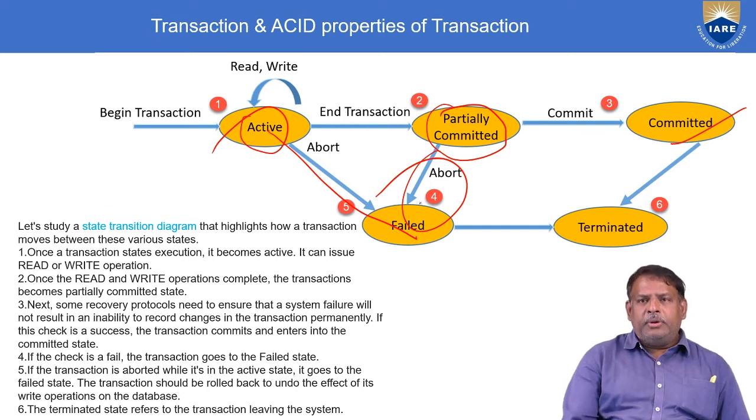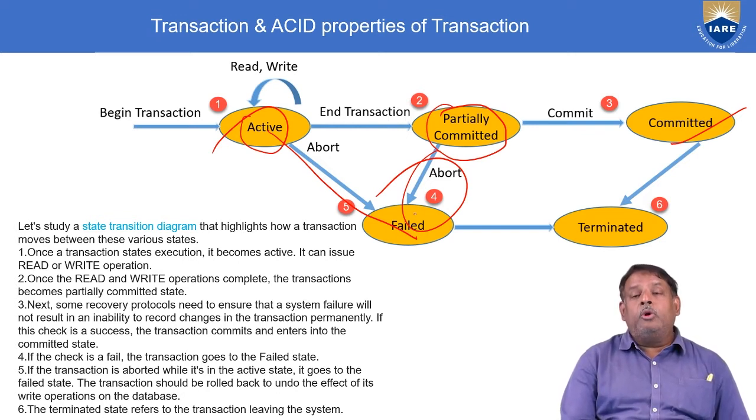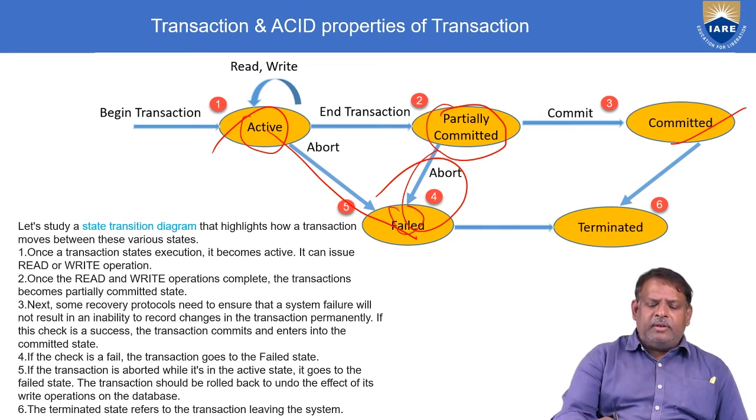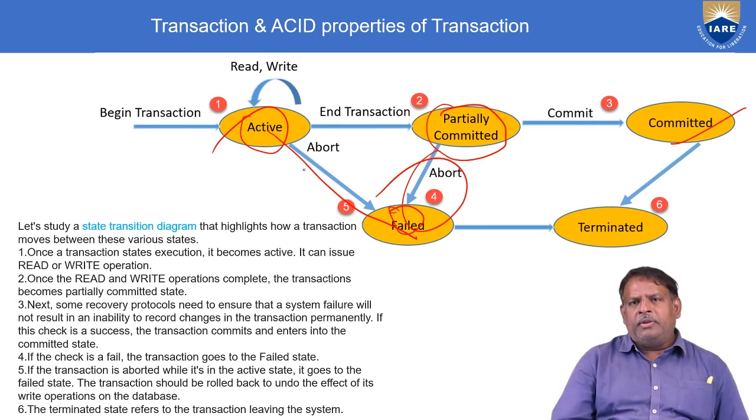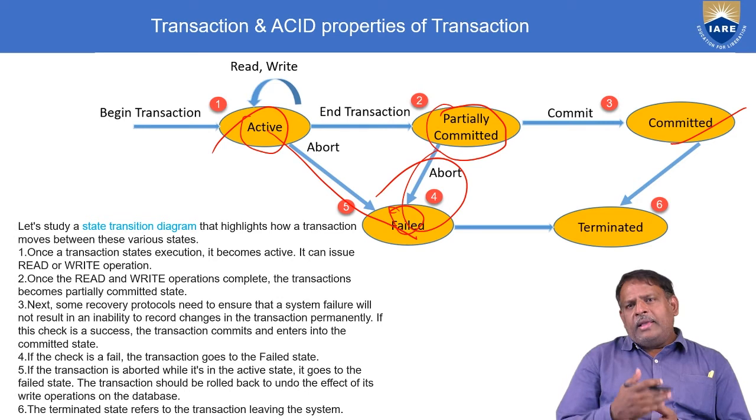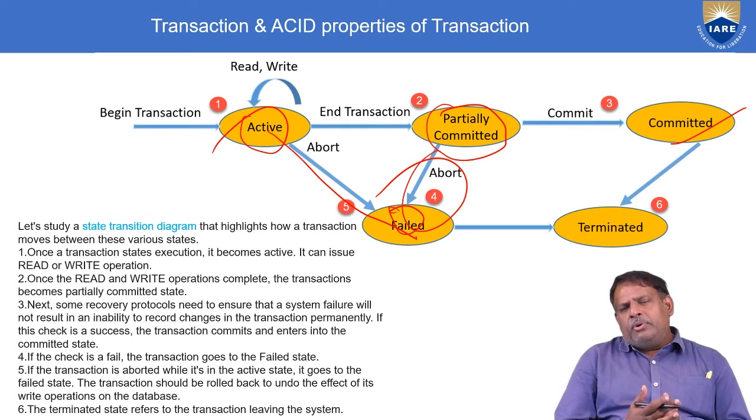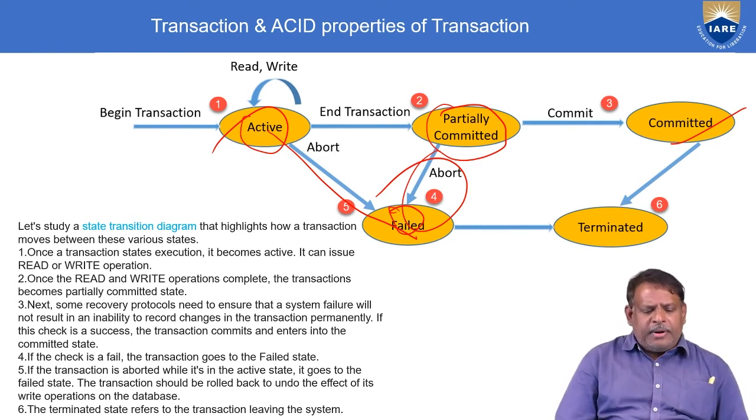The transaction should be rolled back to undo the effect of its write operations on the database. So when it is in the failed state, we have to undo the changes because it is not proceeding further. Suppose you try to deduct 500 rupees from account A. As we are unable to transfer to B, we should roll back the amount to user A. The terminated state refers to the transaction leaving the system.